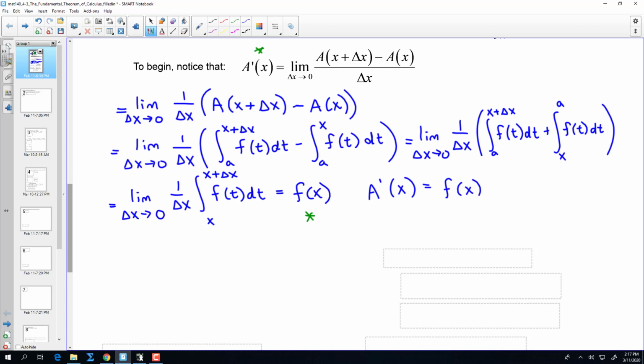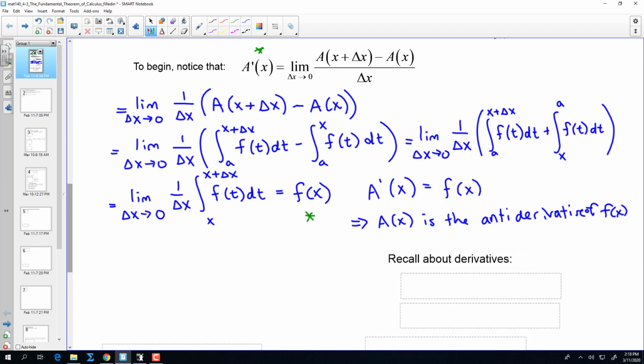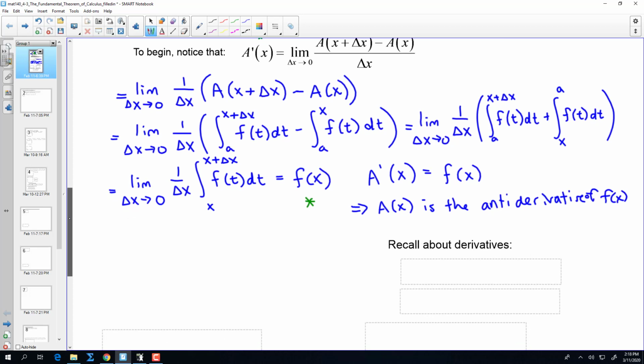And if you have a function and you take the derivative of that function, it gives you the original function, then what that means is A of x is the antiderivative of f of x.